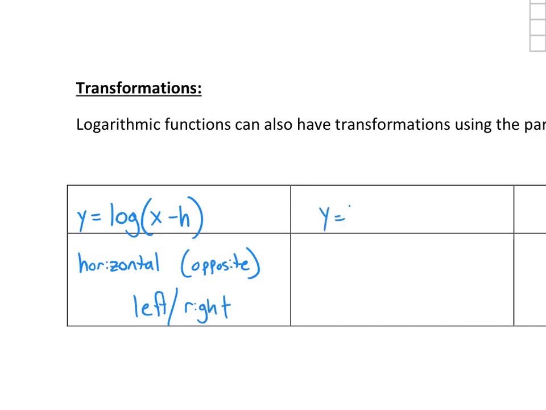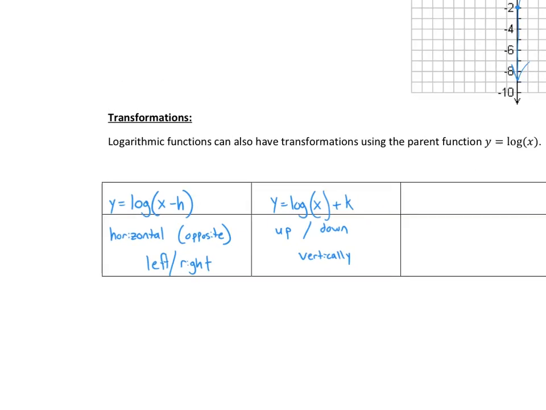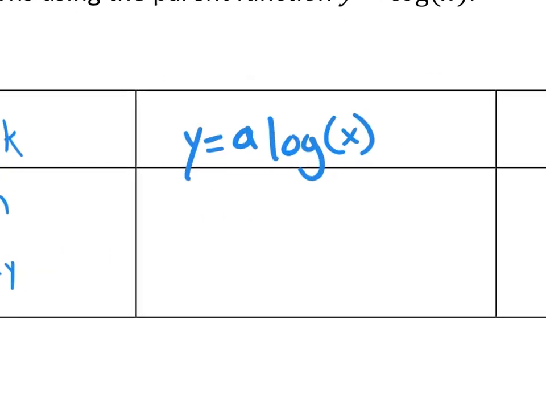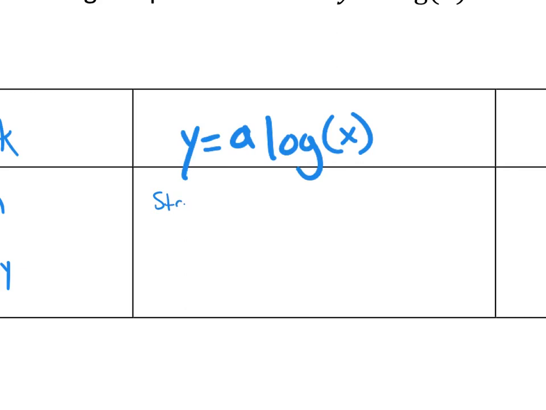If we have a k value on the outside of the parentheses, that shifts us up or down vertically. And then we have an a value out front, if there's something out in front. That's the one that's a stretch factor, where it makes it grow more quickly if a is greater than 1.